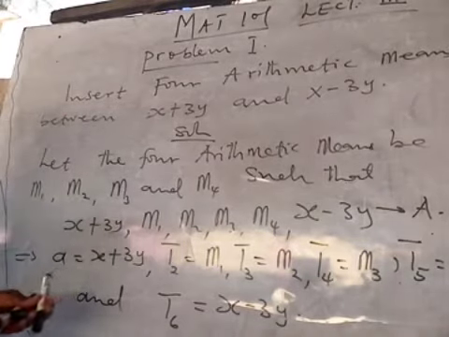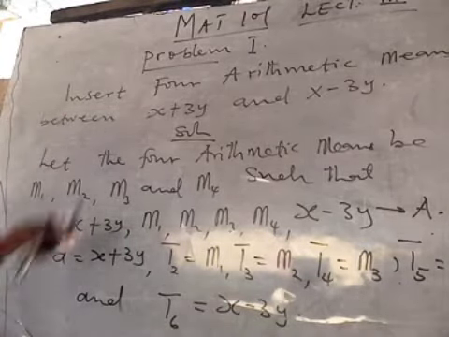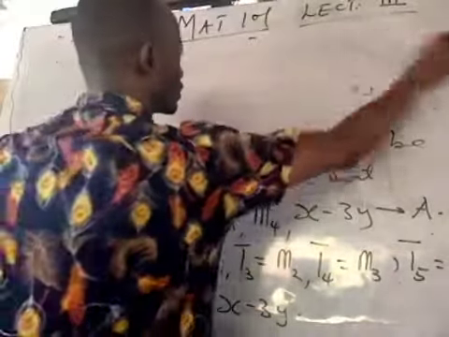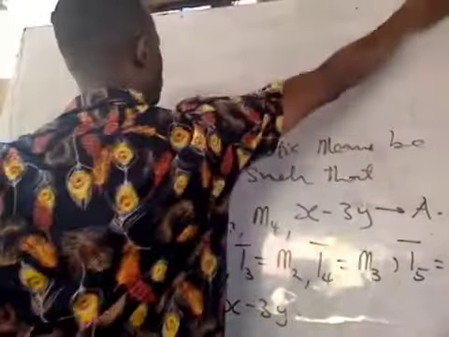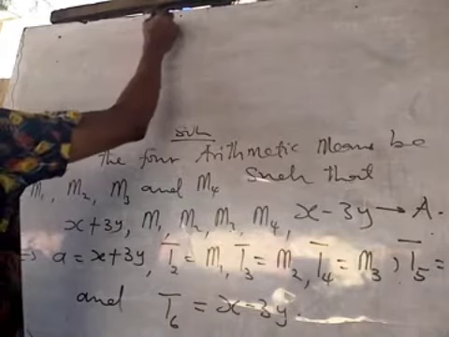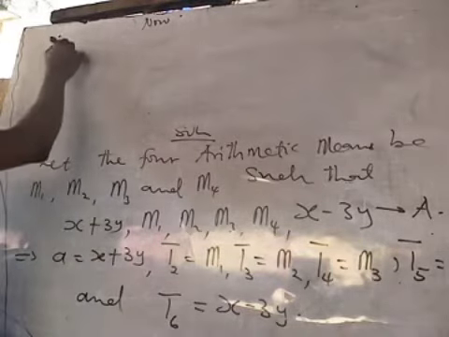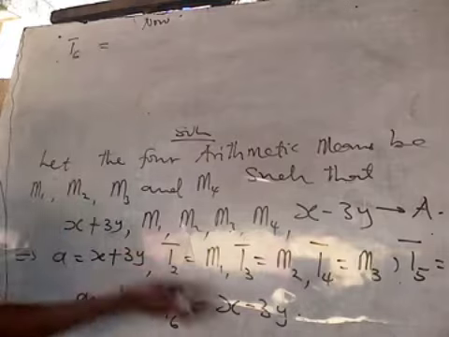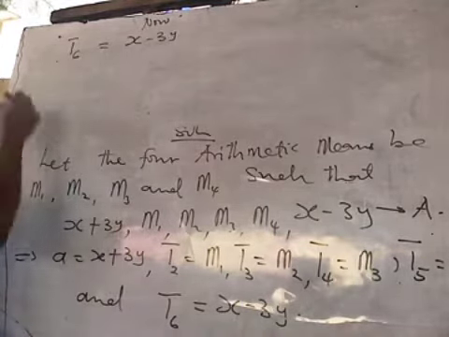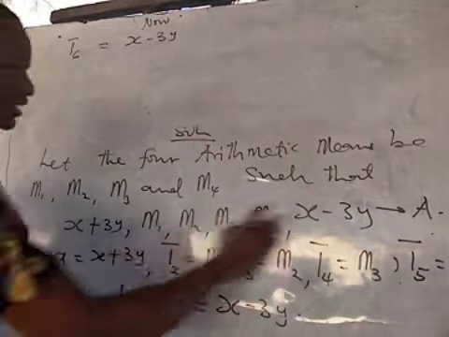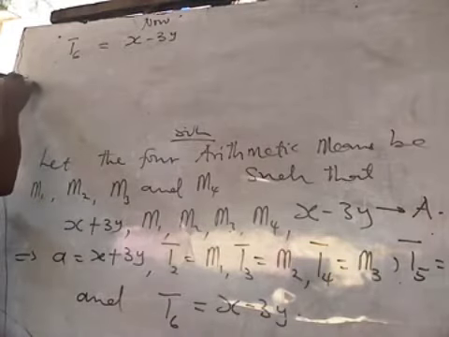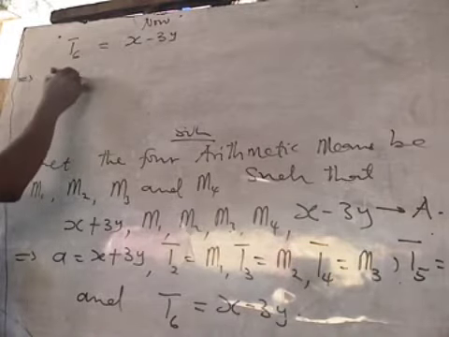So what from there? All right, let me clean up this part of the board. Now, the sixth term, t sub 6, was given to us from the question as x minus 3y. But remember that this sequence is in arithmetic progression, which means that the sixth term can be represented by the expression a plus 5d.